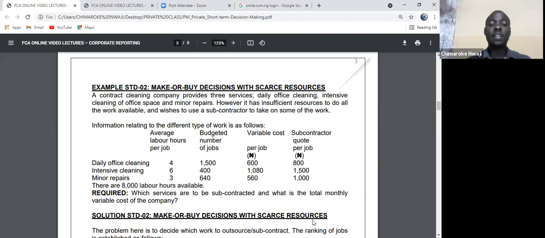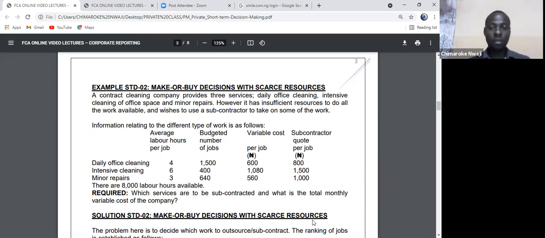Now, clearly, the subcontractor's quote is higher than the variable costs. So it means that the company can do it. The company will be saving money if they do the job, because it is cheaper to do the job by themselves than to subcontract.